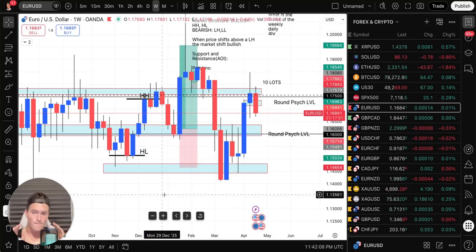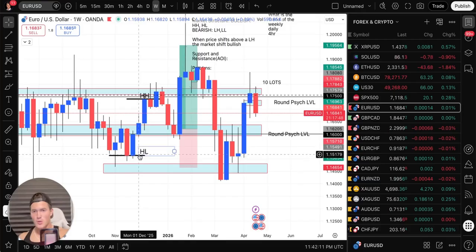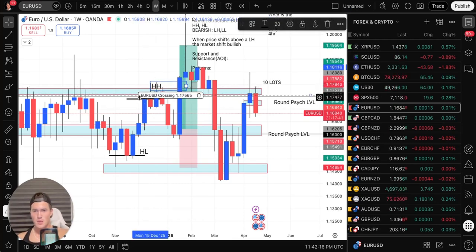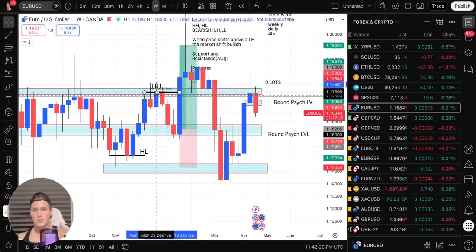So now we are bullish. We've got our higher low here, higher high here. If it shifts above again, we have a new higher high and a new higher low.